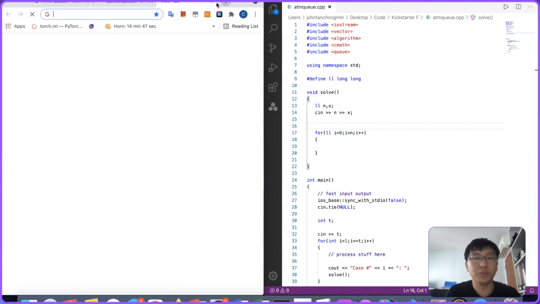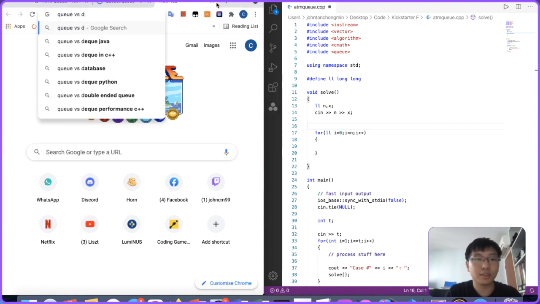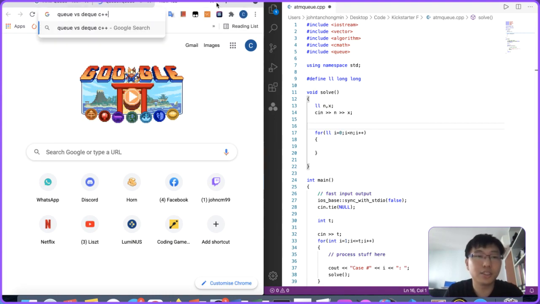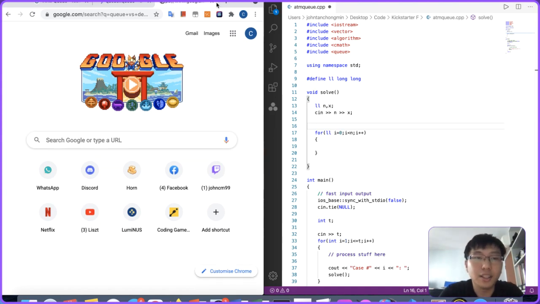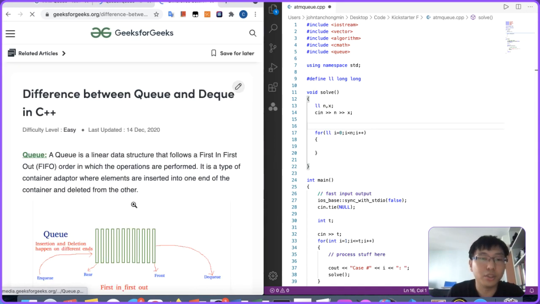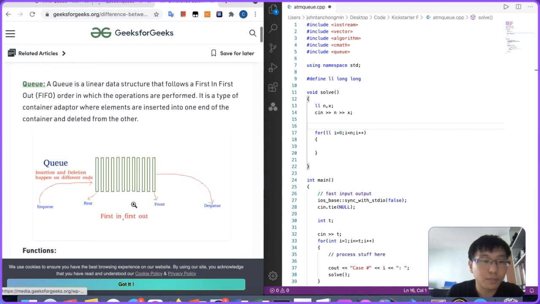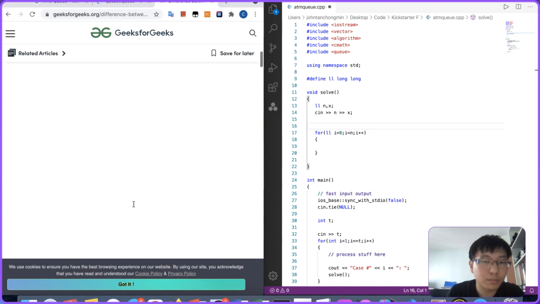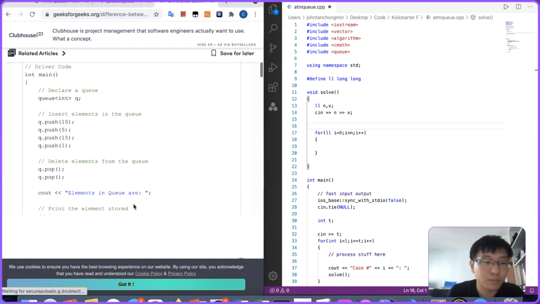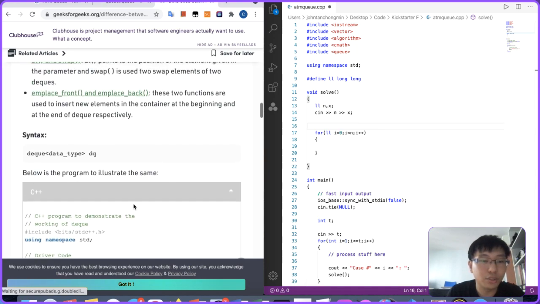Can't remember what the DQ is already, but their example they give. Yeah, let's just search what a DQ is. I'm kind of curious what it is over here. Oh, double-ended queue. Okay. Why is my internet so slow today?